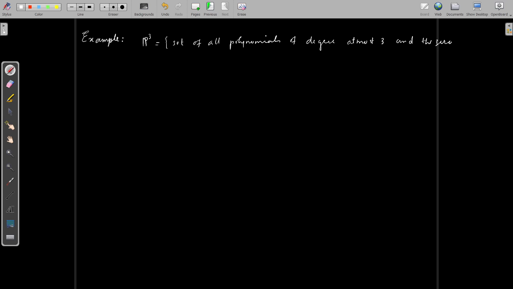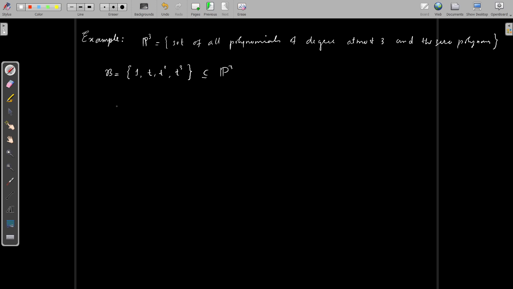We cannot define the degree of the zero polynomial, that's why we include the zero polynomial in the set as a separate entity. So this is a vector space. Now consider a subset of P3: 1, t, t square, t cube. Then the set is linearly independent and spans P3 as well.